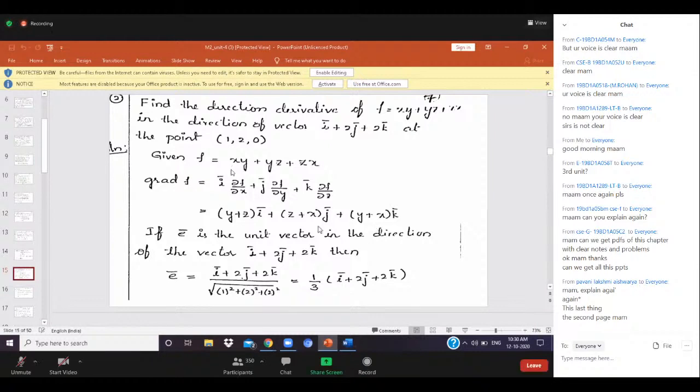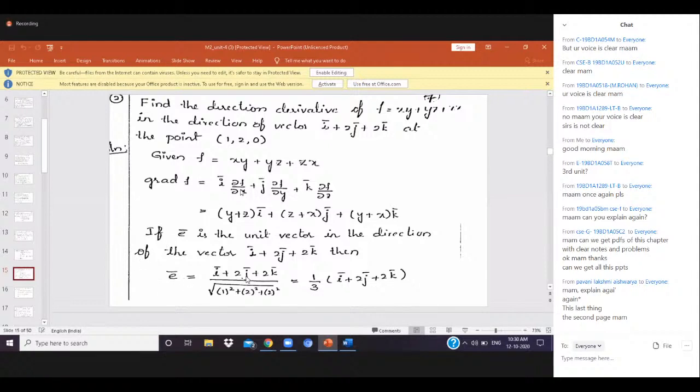Then we need to calculate the unit vector. Considering e bar as a unit vector in the direction of the vector i bar plus 2j bar plus 2k bar at the point 1 comma 2 comma 0. So e bar is that vector divided by square root of a square plus b square plus c square. That is the formula for the unit vector.